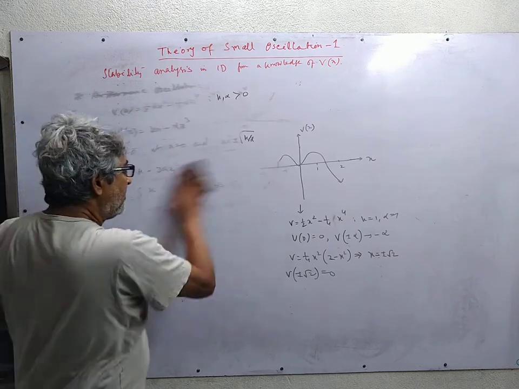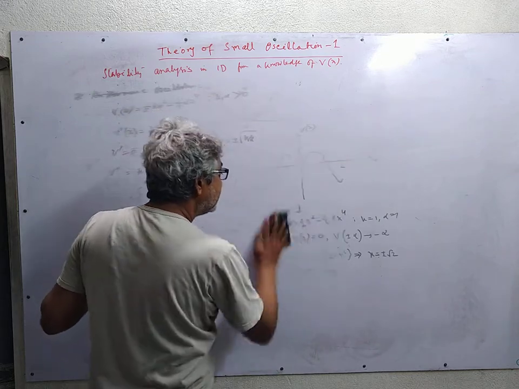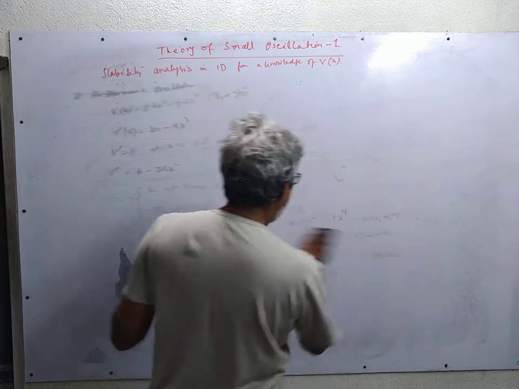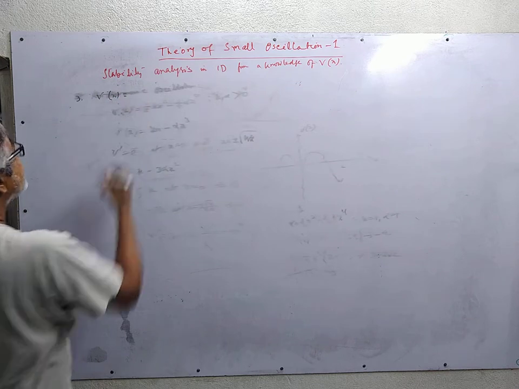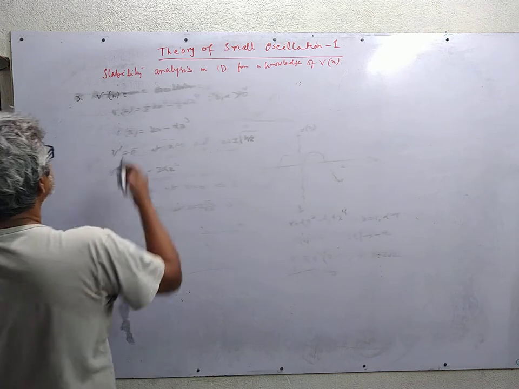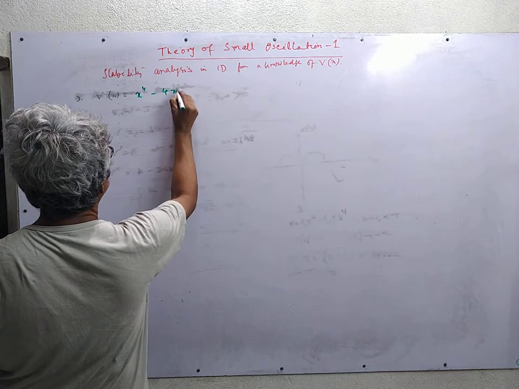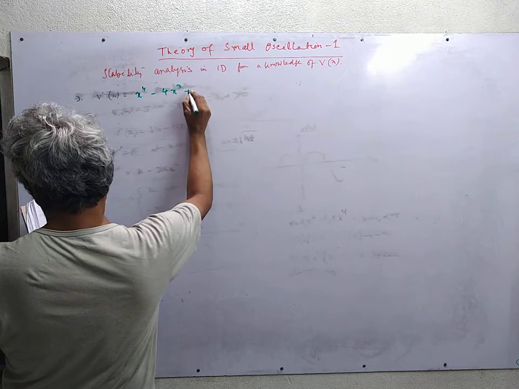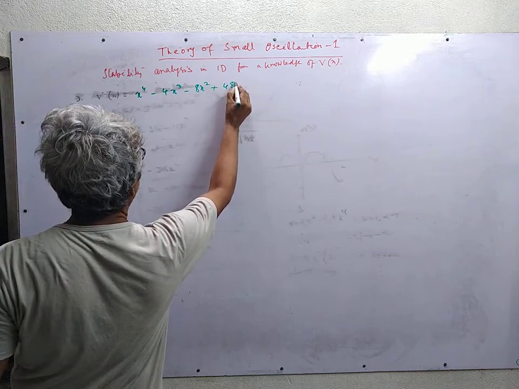The 1D potential given is V of x is equal to x to the power 4 minus 4x cubed minus 8x squared plus 48x.